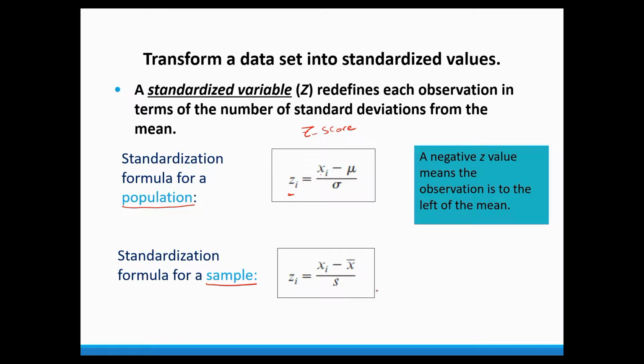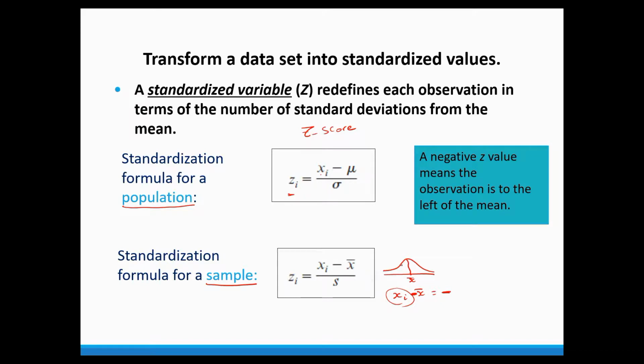Of course, if zi is negative, it's a value at the left of the mean. So here, if this is the mean x bar, and we subtract xi minus x bar and get a negative value, this means that xi is smaller than x bar.